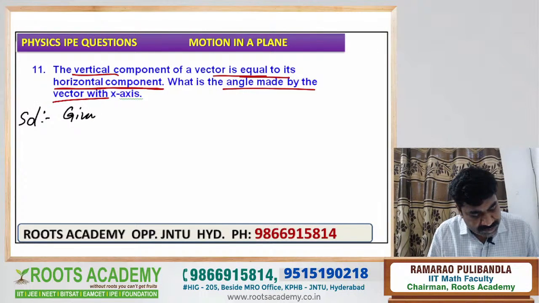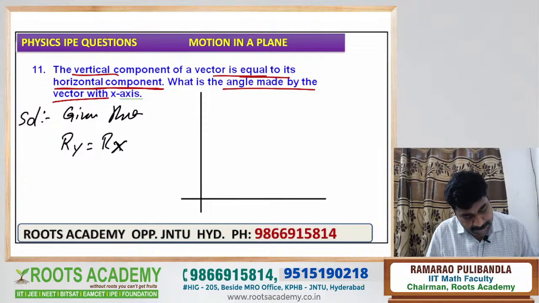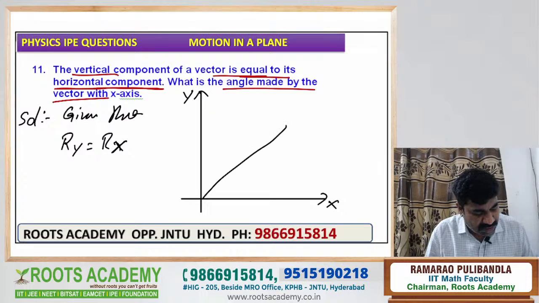Given that the vertical component of the vector Ry is equal to the horizontal component Rx. Here, for example, this is the x-axis, y-axis. For example, this is a vector.